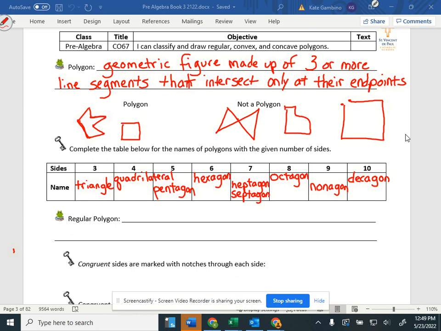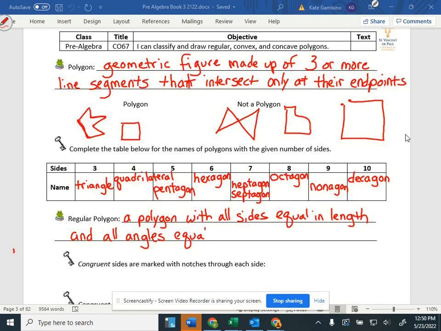A regular polygon, different than just a polygon. So a regular polygon is a polygon with all sides equal in length and all angles equal in measure.